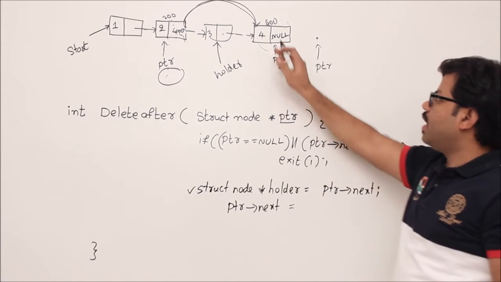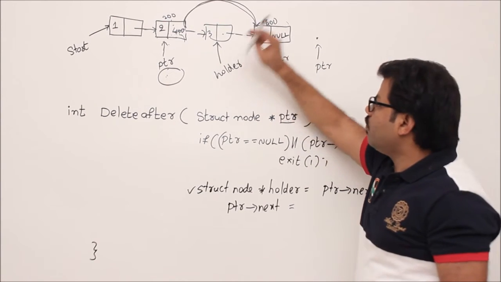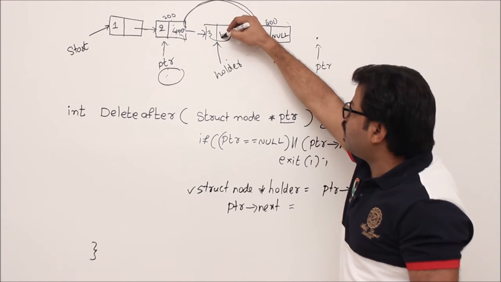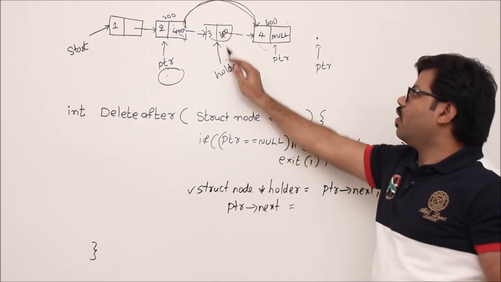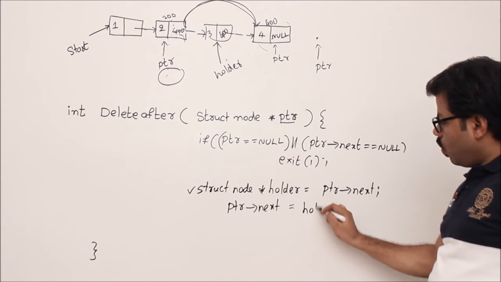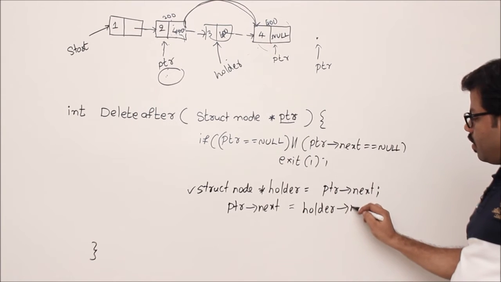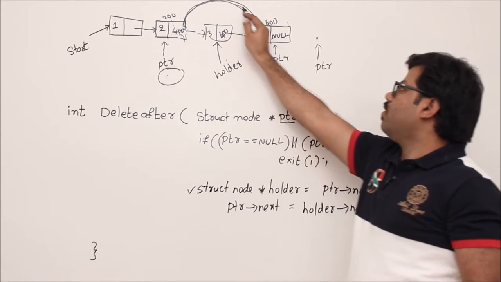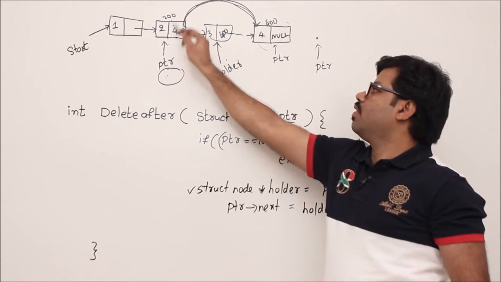Let me derive 400. Being here, we know holder->next is 400, isn't it? So for ptr->next, I write holder->next. Perfect, correct? Because of that, this will be linked to this position.